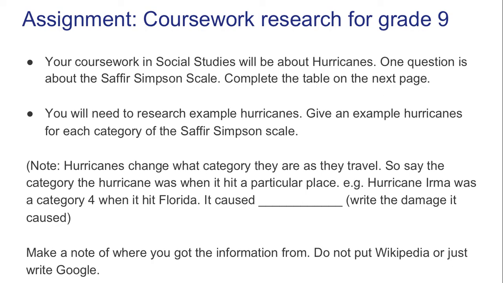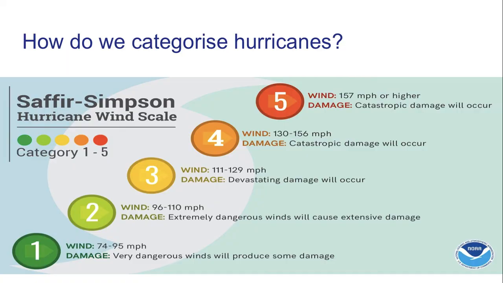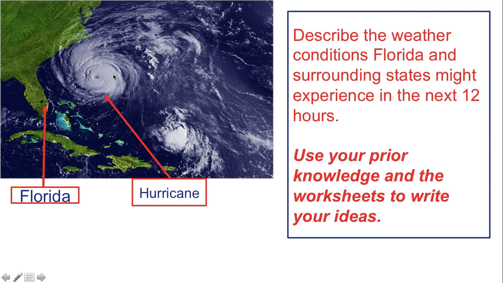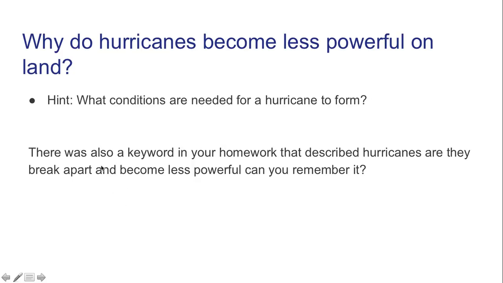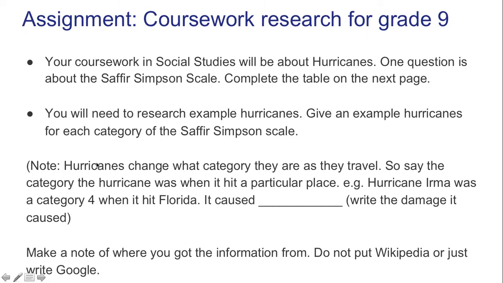Now, what you need to remember is that as a hurricane approaches, so let's say when it was back here, it might be a category 4, it might be a category 3 at this point, it might have weakened, it could have got stronger, okay? So it's always changing. So when you're in your homework, you need to note that hurricanes change what category they are as they travel.